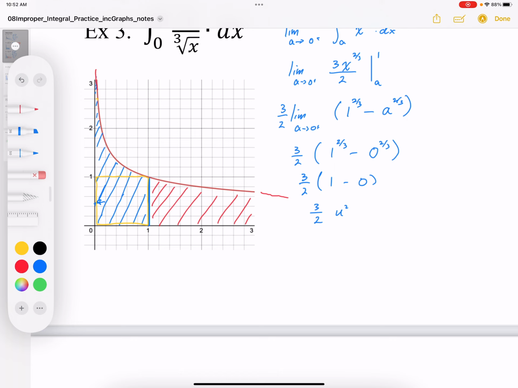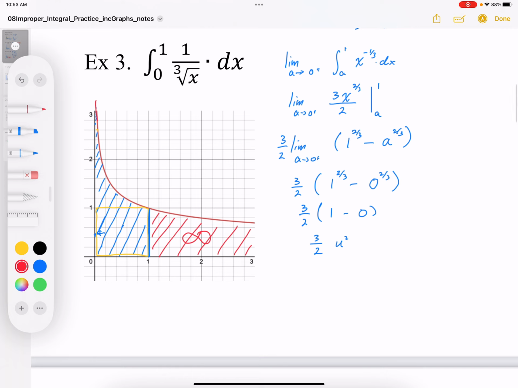So we have finite area in blue, we have infinite area in red. Okay, so this area to the right-hand side is infinite. And this is a property that we can start looking at. And there are some generalizations we can make about this, and we'll make this generalization a little bit later on.